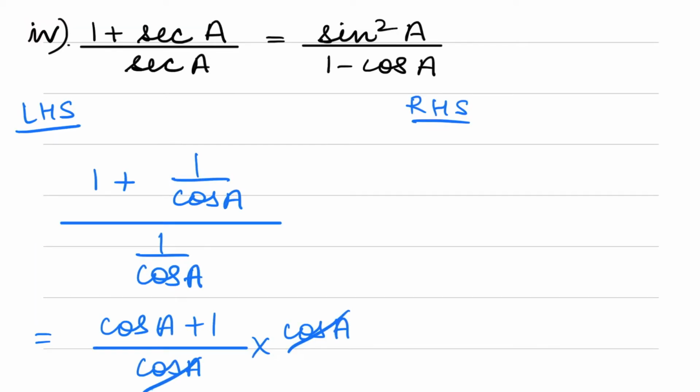And let's see the right hand side. sin square a can be written as 1 minus cos square a, and in the denominator we have 1 minus cos a.